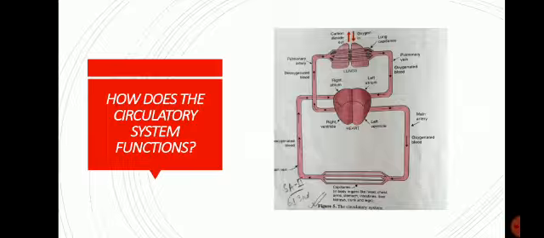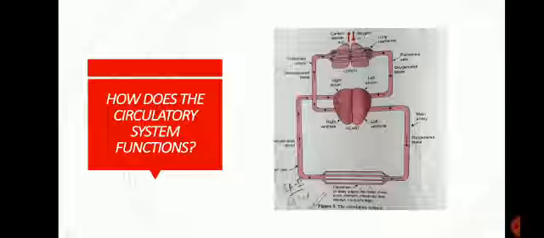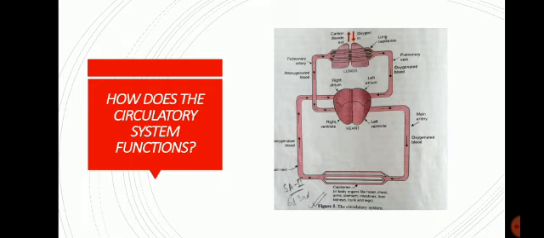Now all the body organs, except the lungs, have capillaries in them which are joined to the arteries, right? When the oxygenated blood from arteries passes through the capillaries of the body organs, it gives food and oxygen to the body cells. We all know that in capillaries the exchange of food and oxygen takes place, right? So over there, the blood loses the oxygen.